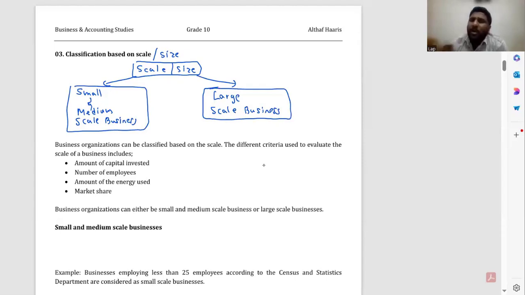So how to define the split between large scale business and a small scale business? Let me take an example here.